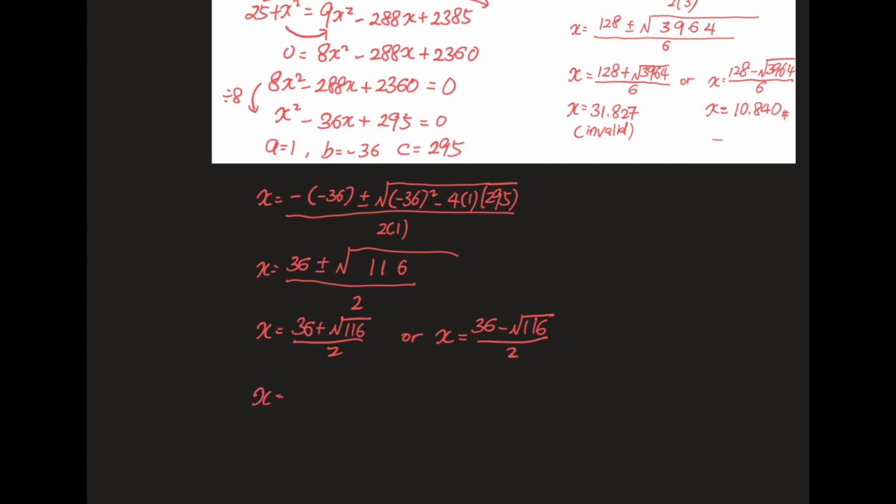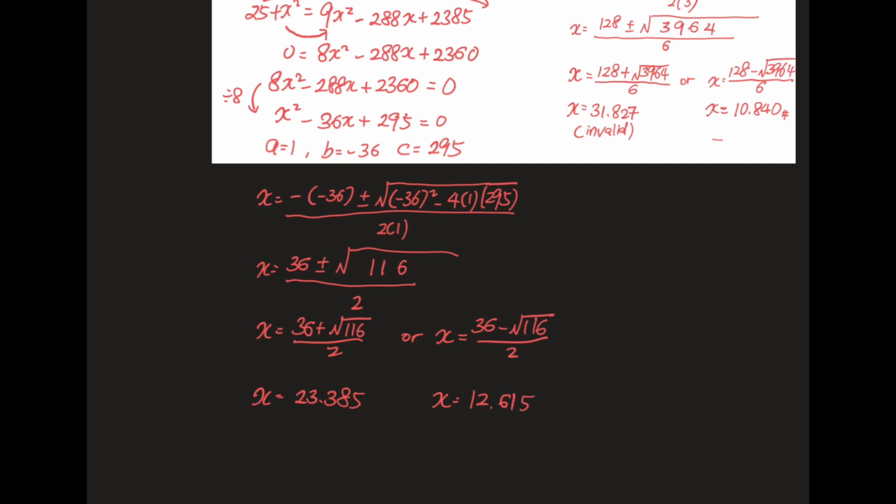We put them in decimal numbers. 36 plus square root of 116 divided by 2 is going to be 23.385, and the other value is 12.615.